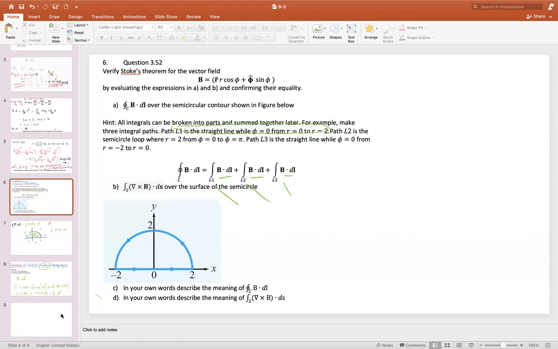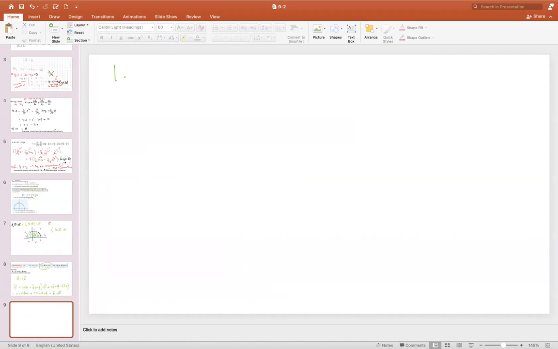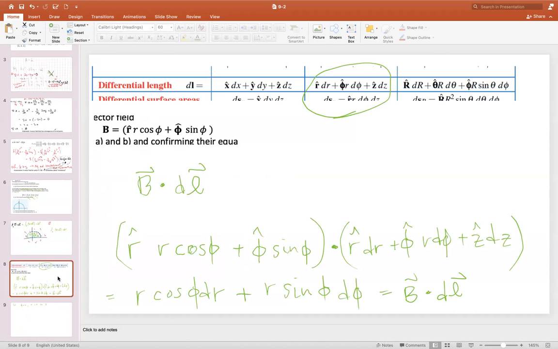For L1, we have phi equals 0, right? And R goes from... so if I take this integral, we could think of it this way.